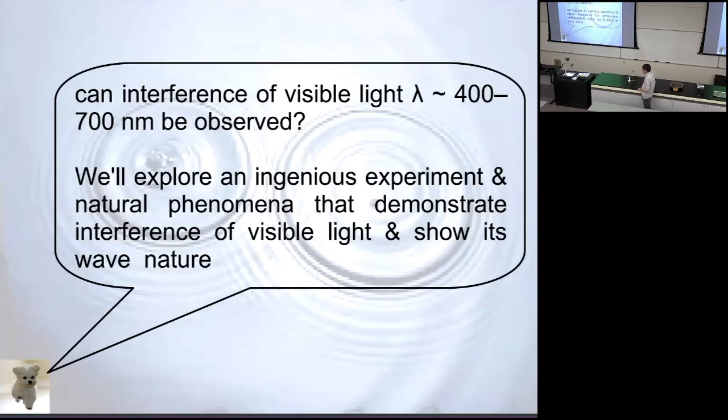Okay, now we could see the constructive, destructive interference patterns of water waves because the wavelength of water waves in a pond would be centimeters, scales of centimeters or tens of centimeters.